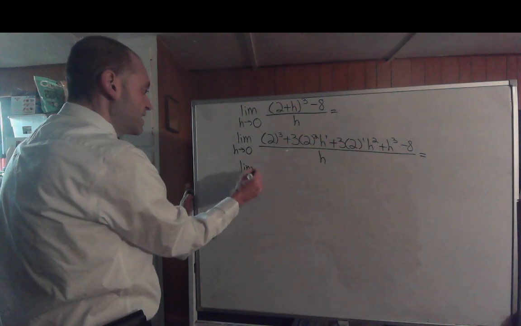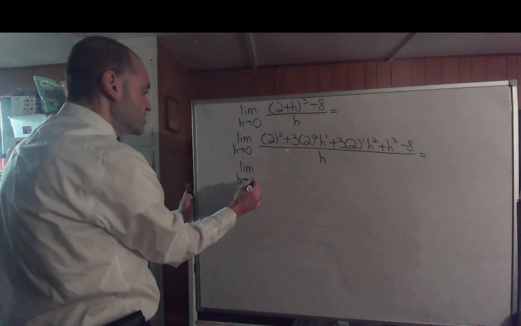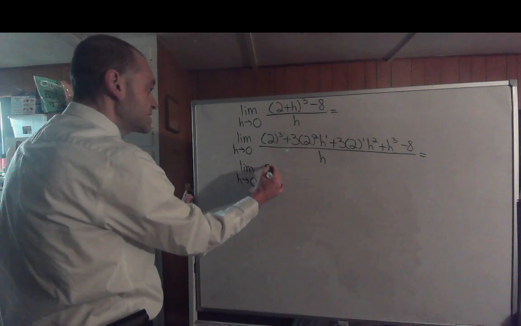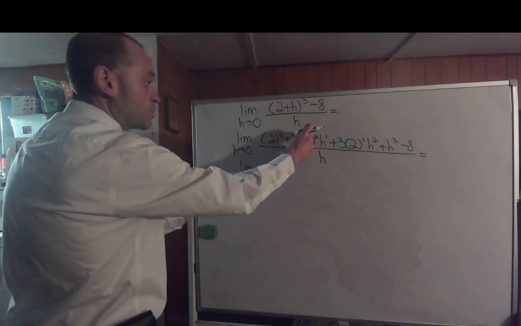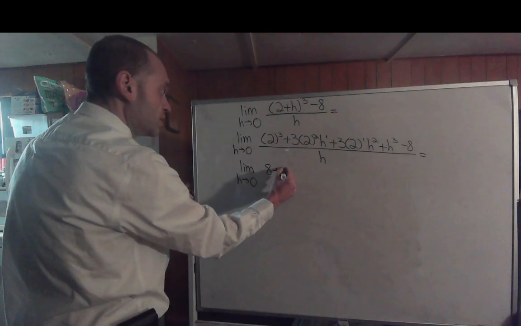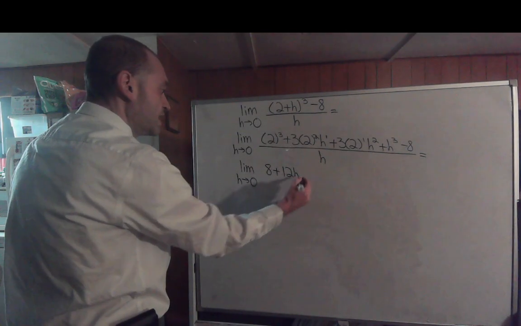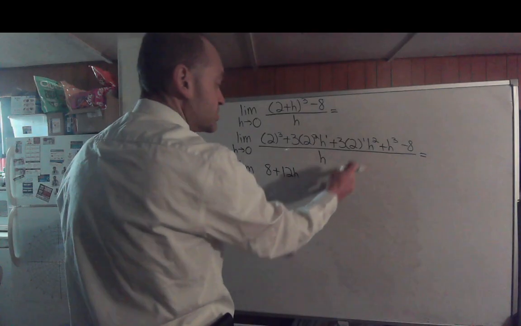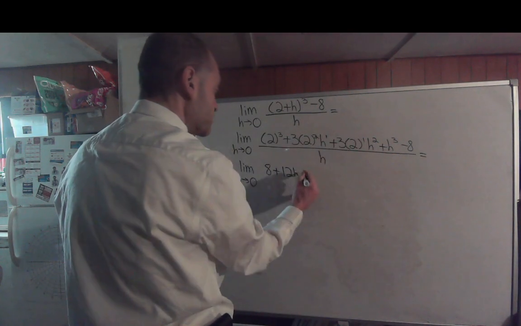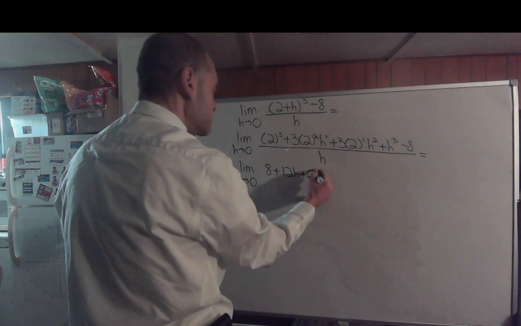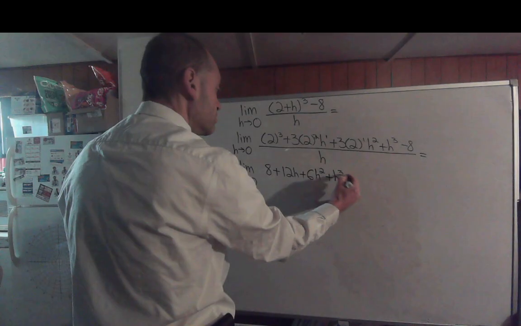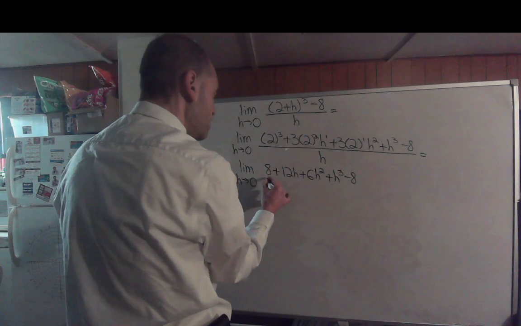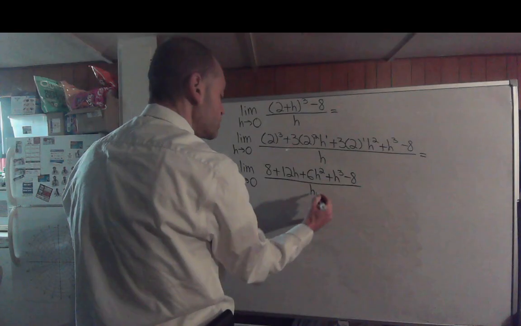This will simplify into the limit as h approaches 0 of 8 plus, now 2 squared is 4 times 3 is 12, so that'd be plus 12h. And then 2 to the first is 2 times 3 is 6, so this would be plus 6h squared plus h cubed minus 8, all that divided by h.